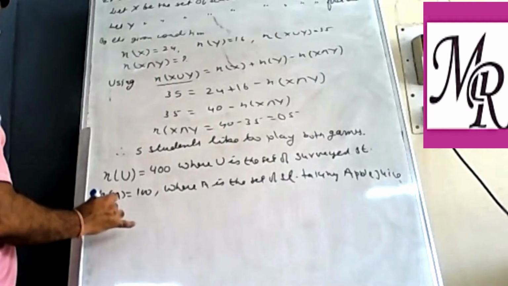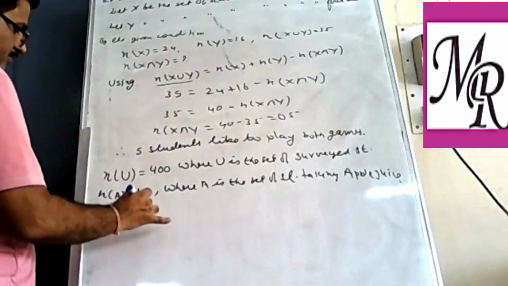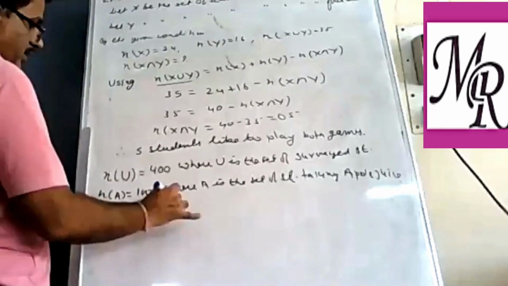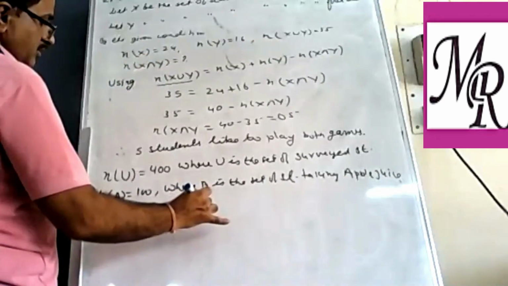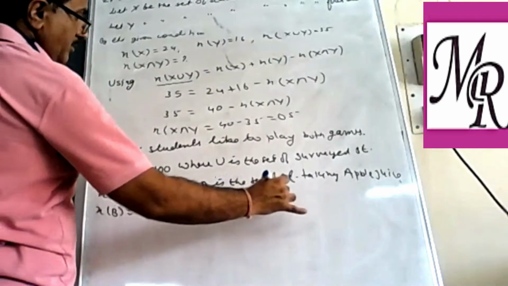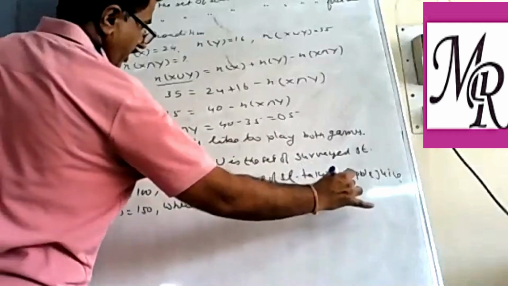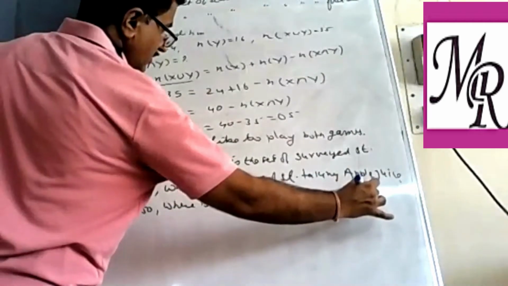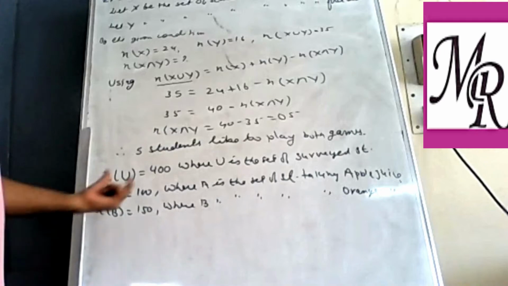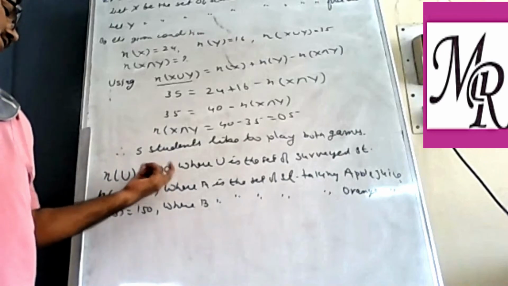And number of elements in B is 150, where B is the set of students taking orange juice. Right? These we have to suppose. Number of students surveyed is 400.